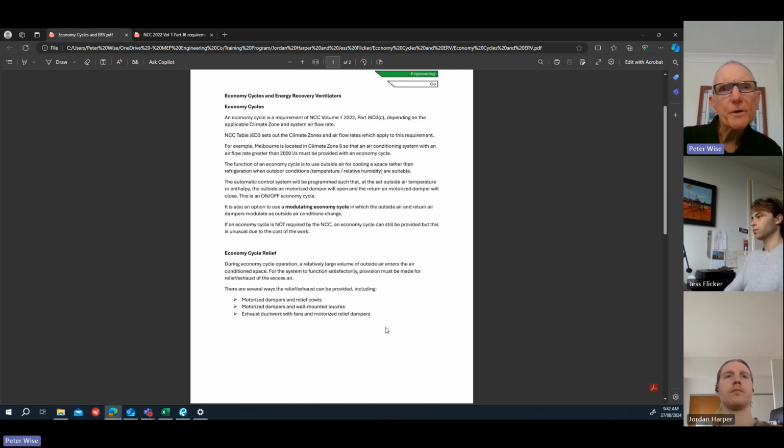So if you can't relieve directly through a roof or through a wall, or you haven't got any other relief path that's nearby the space that you're air conditioning, then you might have to run ductwork out through the building to a point where you can actually exhaust the air to the outside. And obviously there's going to be some restriction in the ductwork if you do that. So you just might need a fan.